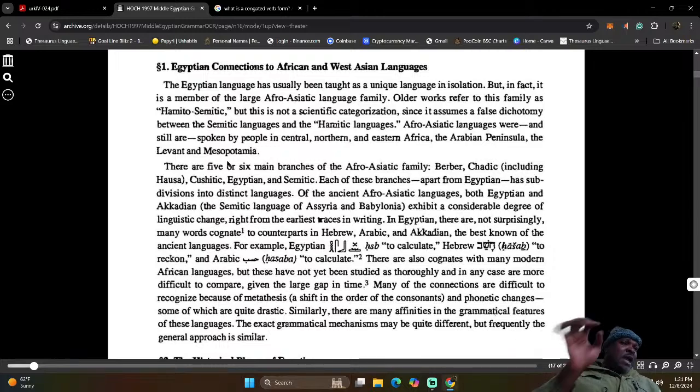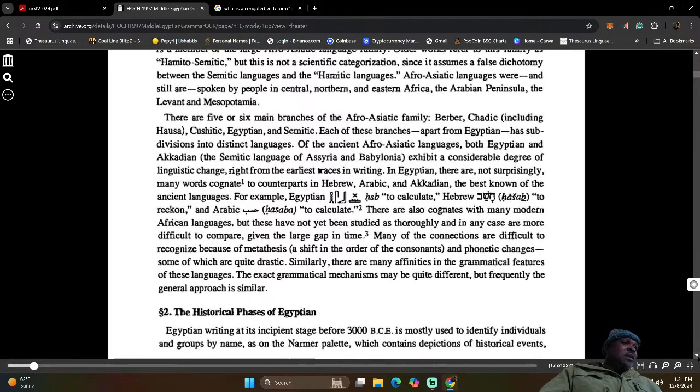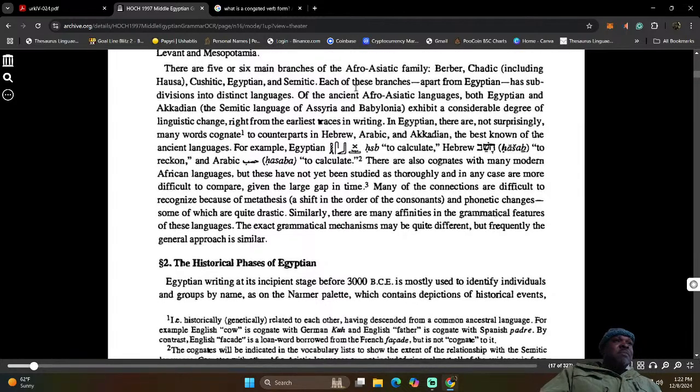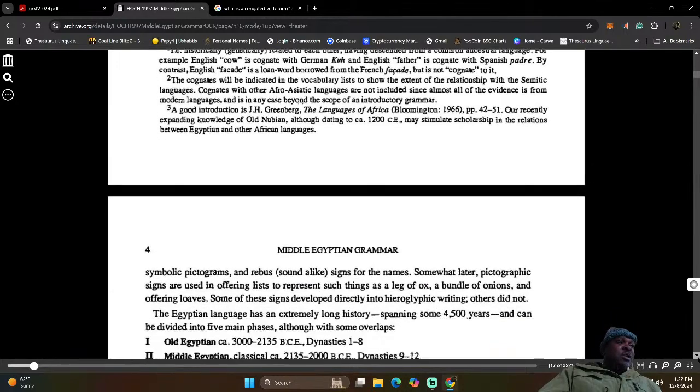It won't boil down to just this, but one thing that we'll see is triconsonantal roots in a lot of Afro-Asiatic languages, and also some type of suffix conjugation and different grammar points that are the same in Semitic languages. Next, he talks about the history of the phases of Egyptian, and we can spend time talking about that, or you can just read the chapter.